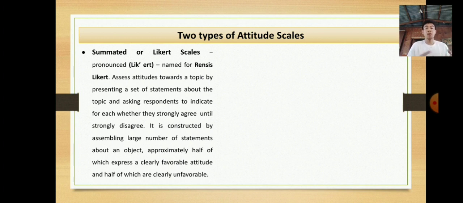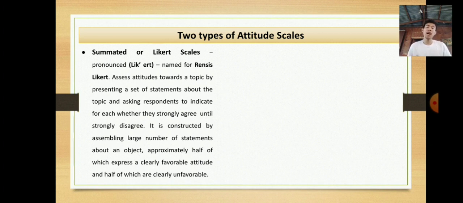Ito yung tinatawag nating multiple responses. Hindi lang naman strongly agree yung pwede nating pagpilian, madami pa namang iba. Ito lang yung pinaka-basic. It is constructed by assembling a large number of statements about an object, approximately half of which express a clearly favorable attitude and half of which express a clearly unfavorable attitude.